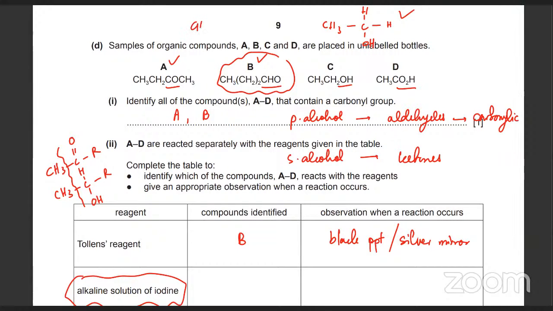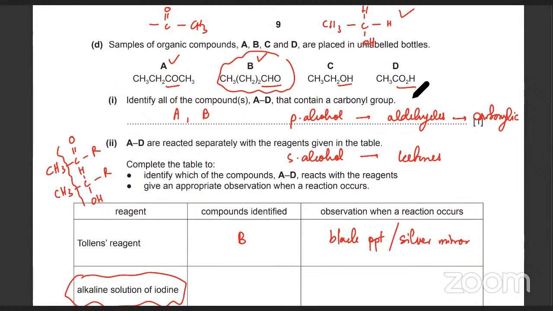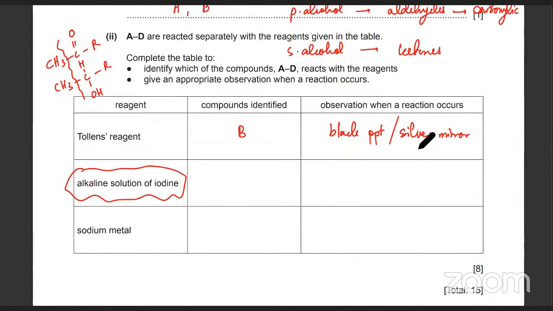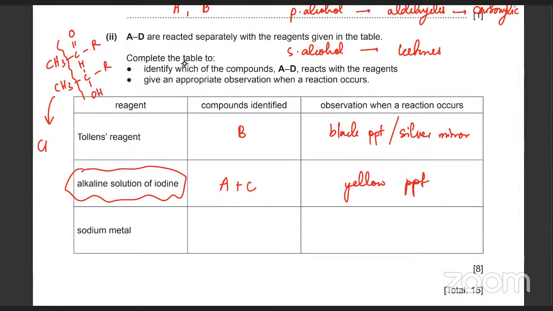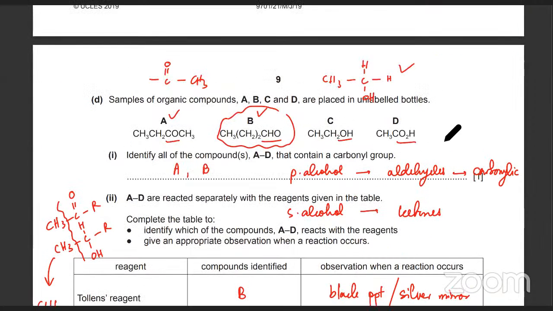It's got a CH3 on the right side, next to a C double bond O. So it's going to be A and C, and you're going to get a yellow precipitate. In both cases, the CH3 will break off and form a yellow precipitate of CHI3. Up here, sodium metal: alcohols or carboxylic acids both react with it.